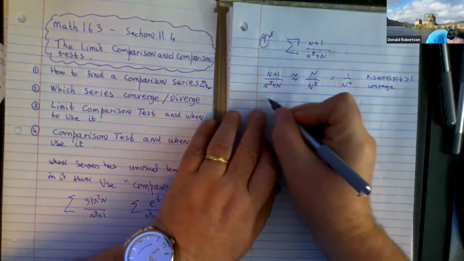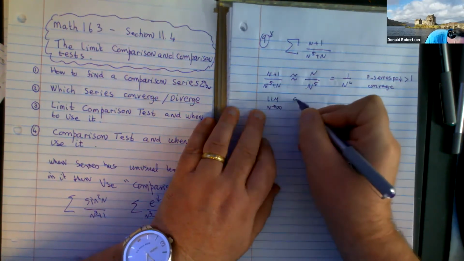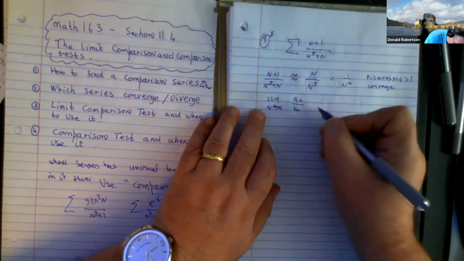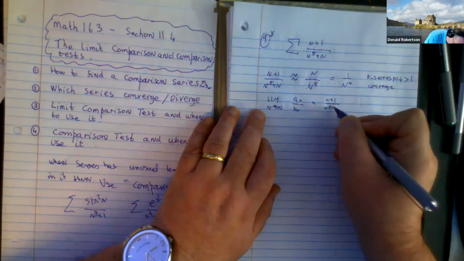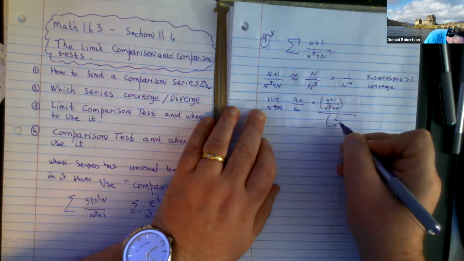Now, limit comparison test. The limit as n tends to infinity of an over bn. That's an up there. So it's going to be n plus 1 over n to the 5 plus n, the top guy, divided by 1 over n to the 4.